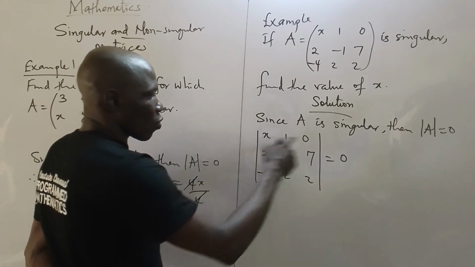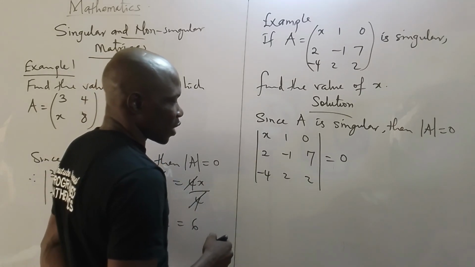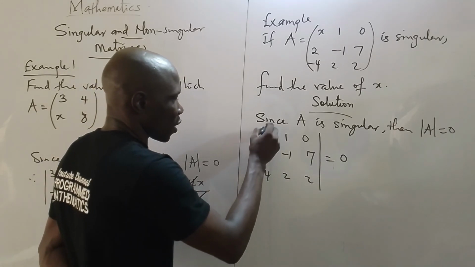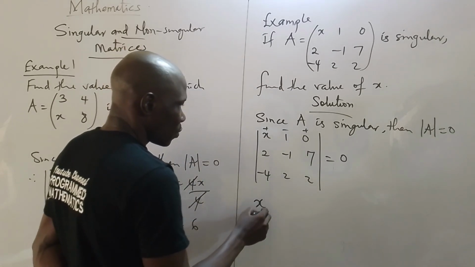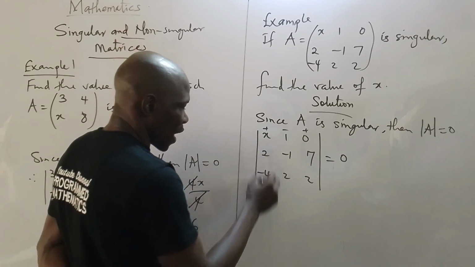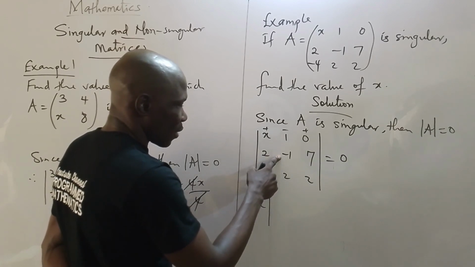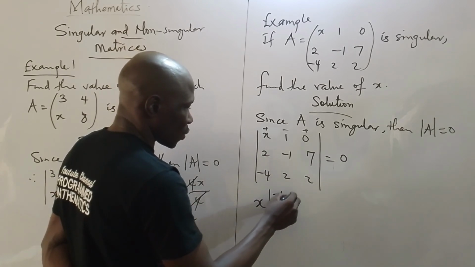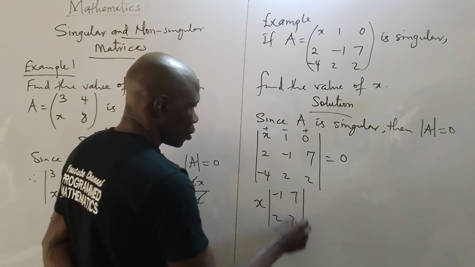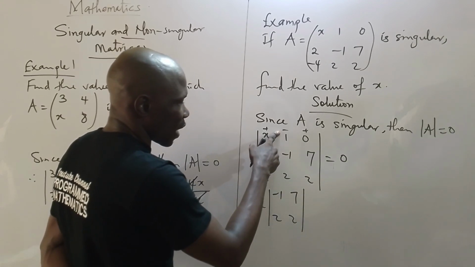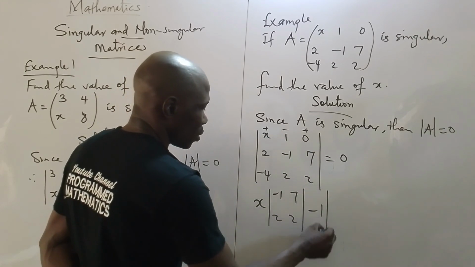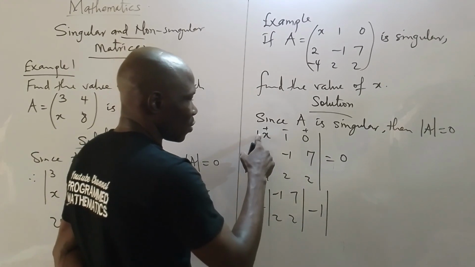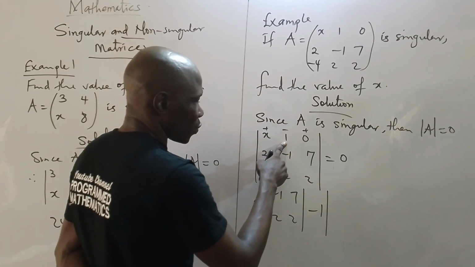If I'm taking row 1 here to solve this determinant problem, the signs are plus, minus and plus. So I have x multiplied by its minor, the determinant of [-1, 7; 2, 2]. The sign convention for the second element is minus. So this is minus 1, multiplied by the minor corresponding to element 1.